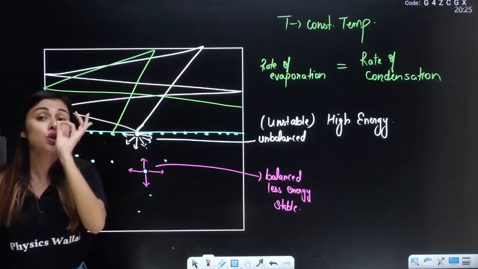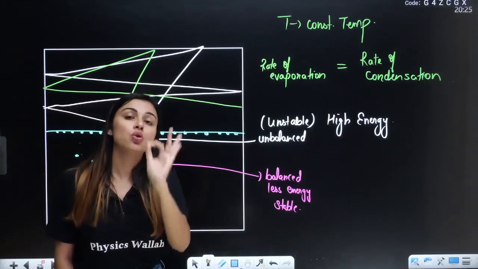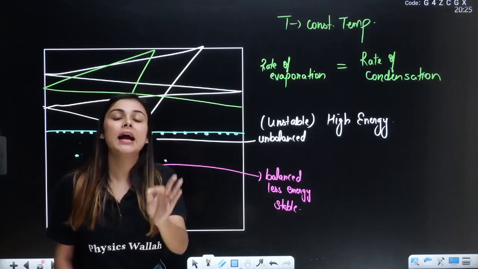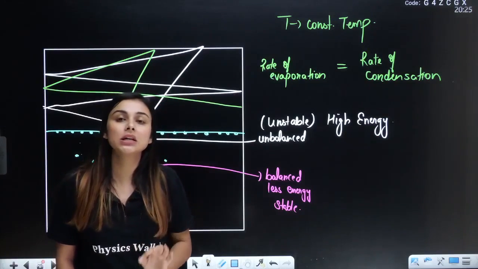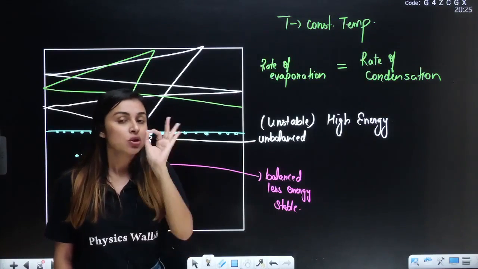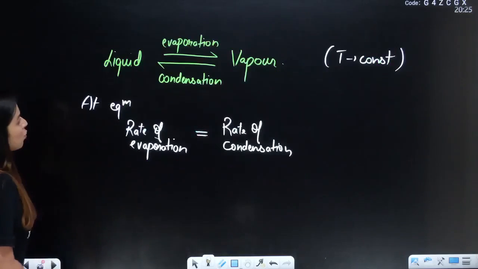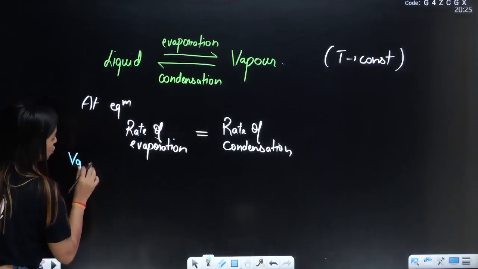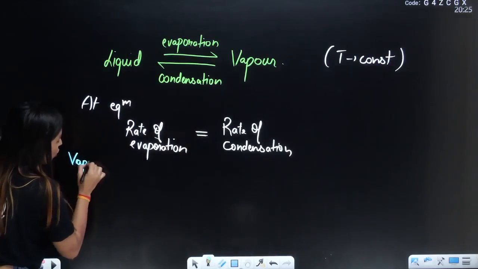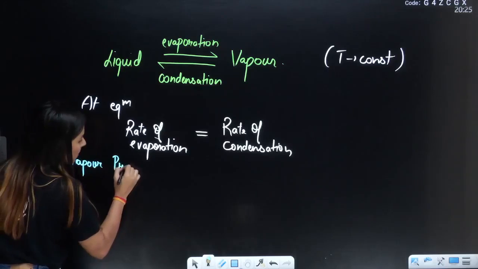Yes. So the total pressure that is exerted at this dynamic equilibrium by the vapors is actually known as the vapor pressure. So what is the definition of vapor pressure?